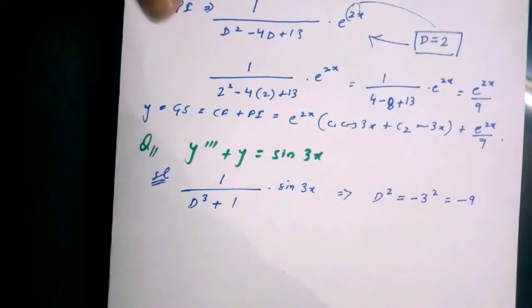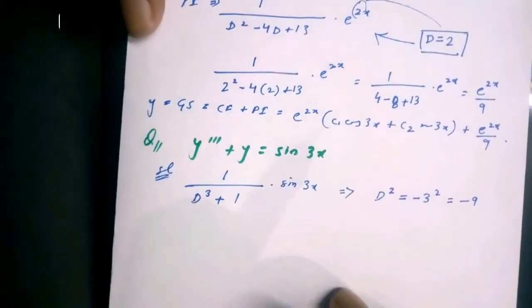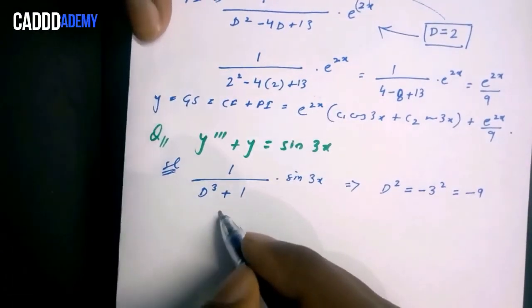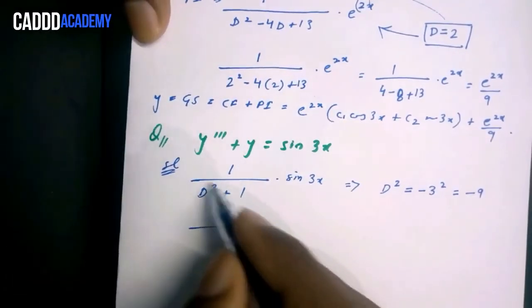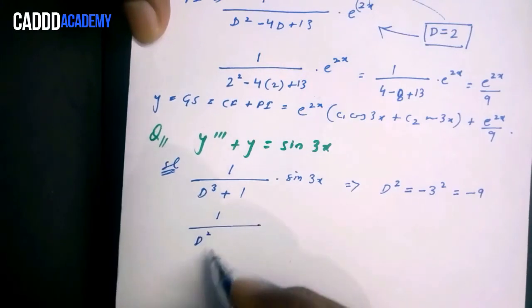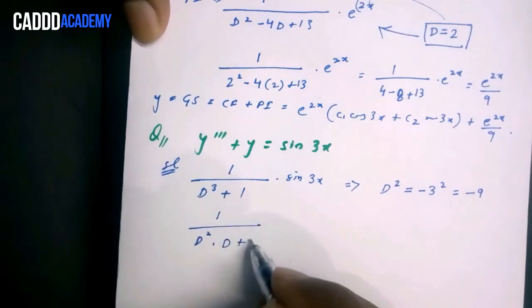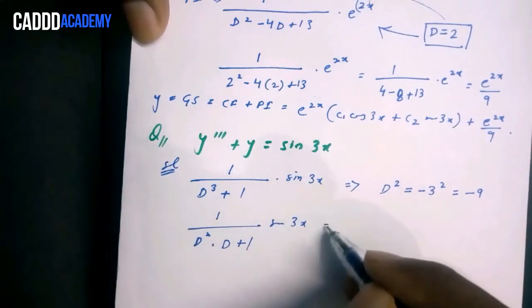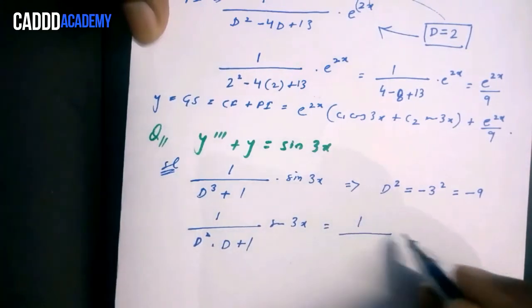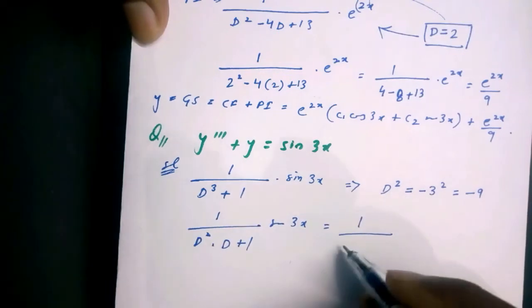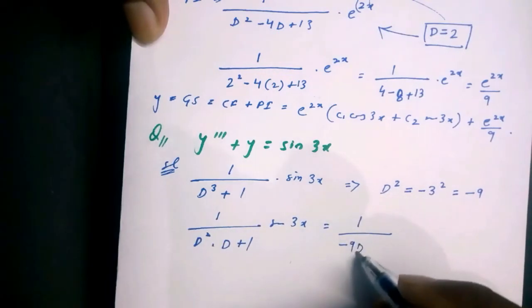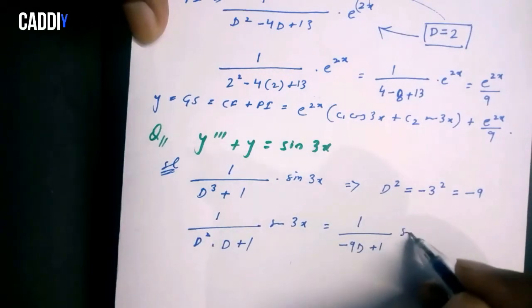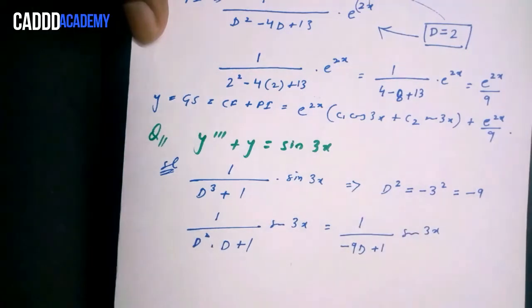So we can write D cube plus 1 as D square into D plus 1, acting on sin 3x, which becomes 1 by minus 9D plus 1.